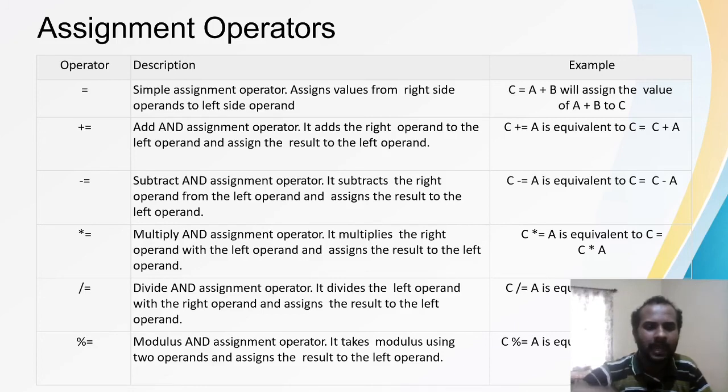When you are assigning the values, the expression on the right hand side will be solved first, then the value is assigned to the left hand side operand. For example, A is equal to B, where the right hand side is B, right?